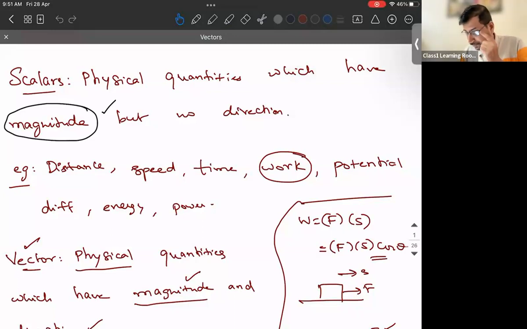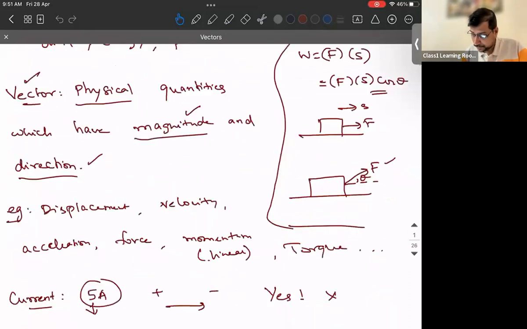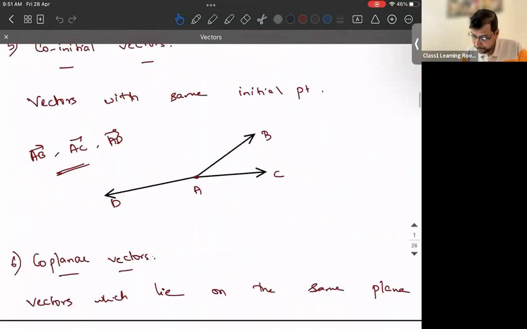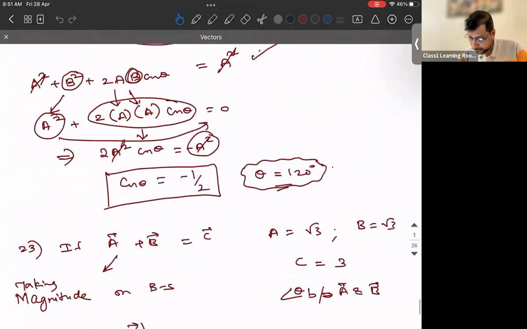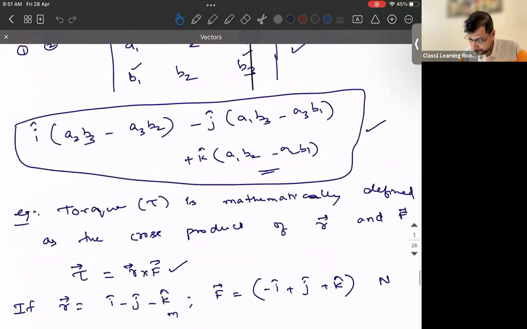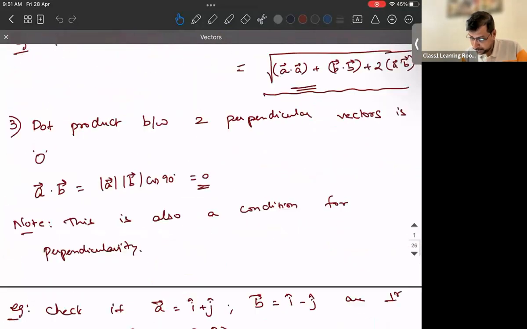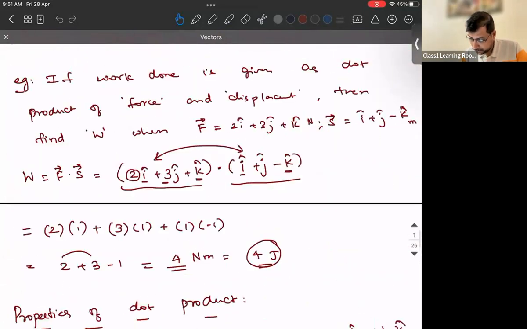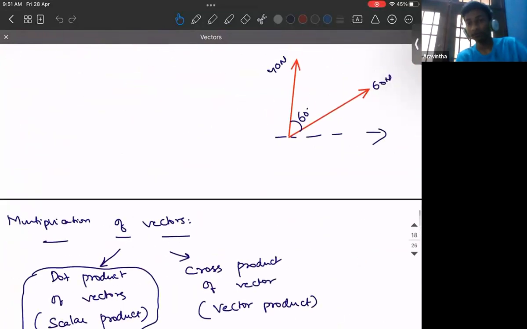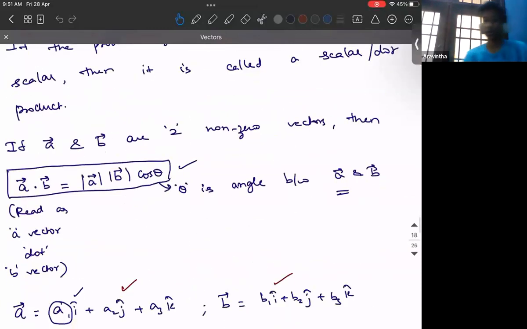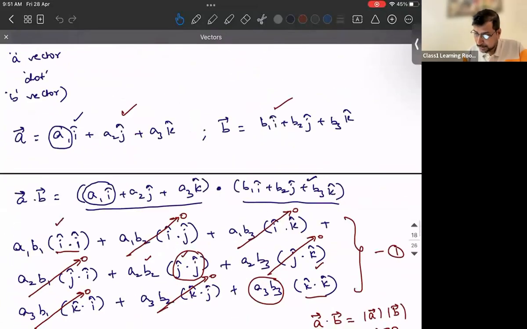So we discussed till dot product of vectors, right? And their properties. Did we see the properties? Yes, yes. Right. Okay.